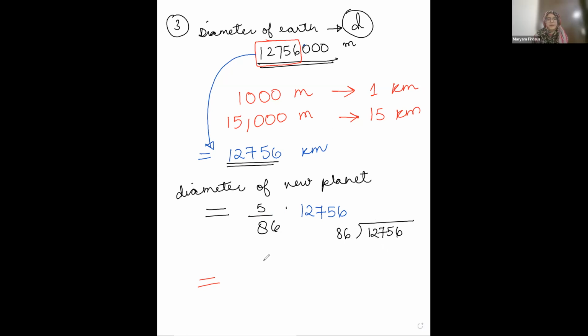86 multiplied by 1 will give you 86. So you have 41 and then 5. 8 fours are, I'm not sure if this will work. 4, 8 4, 32, 39, 40. Yeah, it will work.